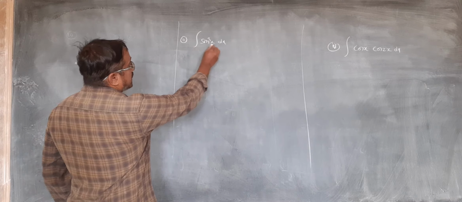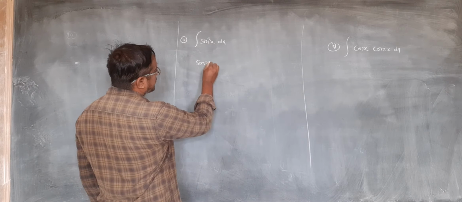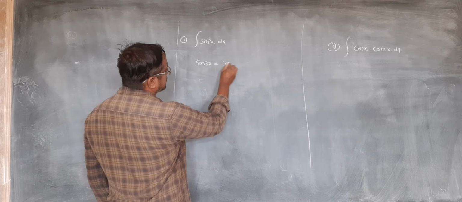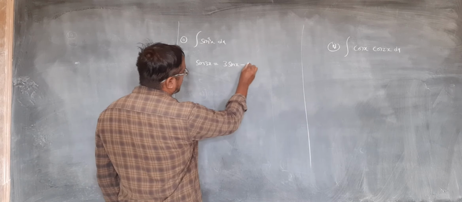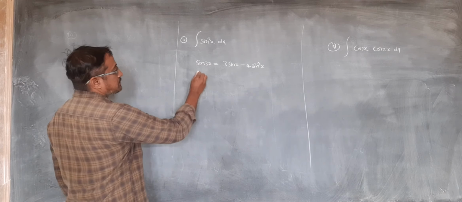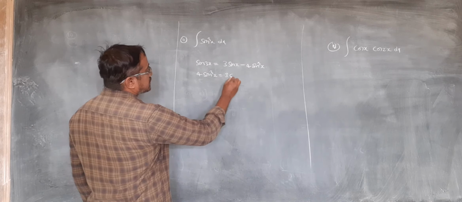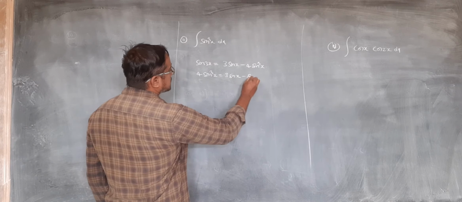So integral sin cube x. Now you have a formula sin 3x. What is sin 3x? 3 sin x minus 4 sin cube x. So from this, 4 sin cube x is equal to 3 sin x minus sin 3x.